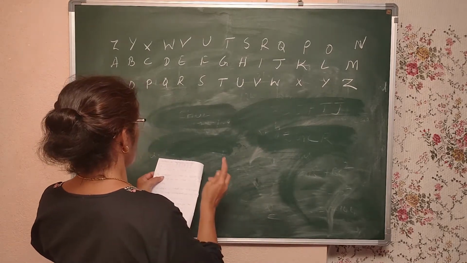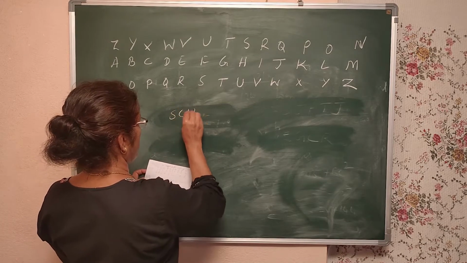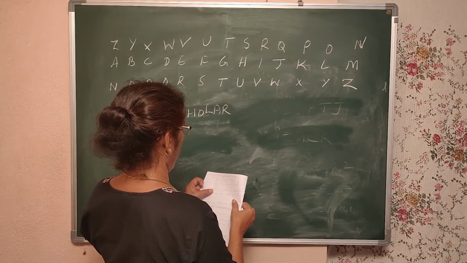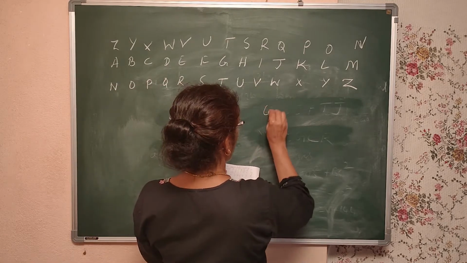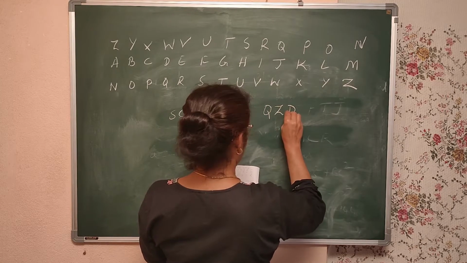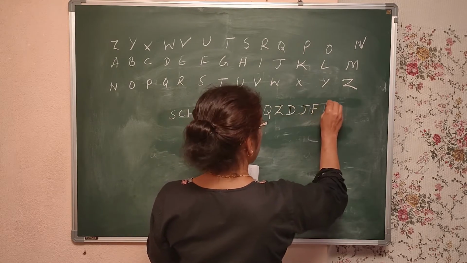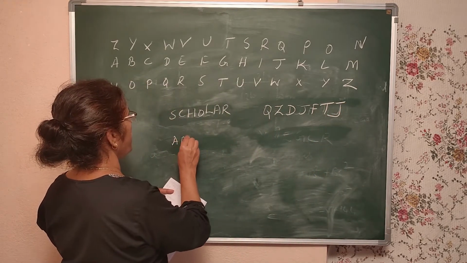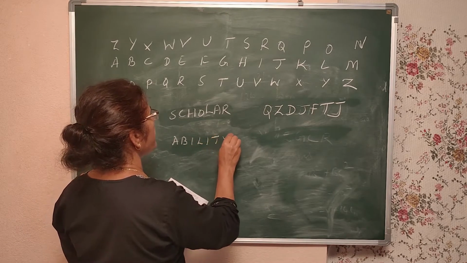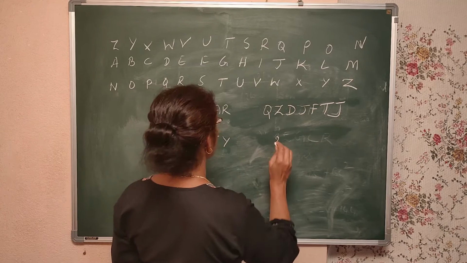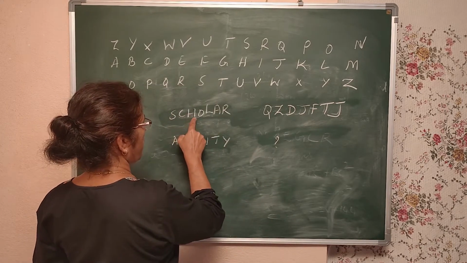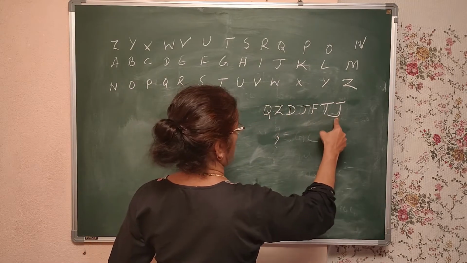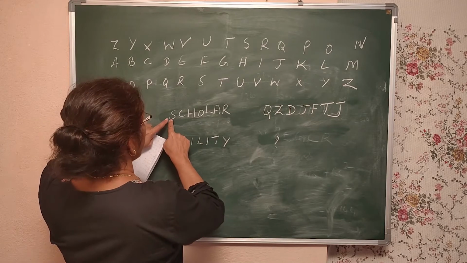If SCHOLAR is coded as QZTDJFPJ, then ABILITY can be coded as what? 1, 2, 3, 4, 5, 6, 7 letters.